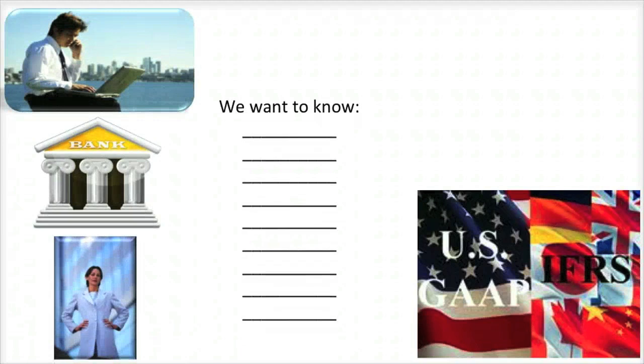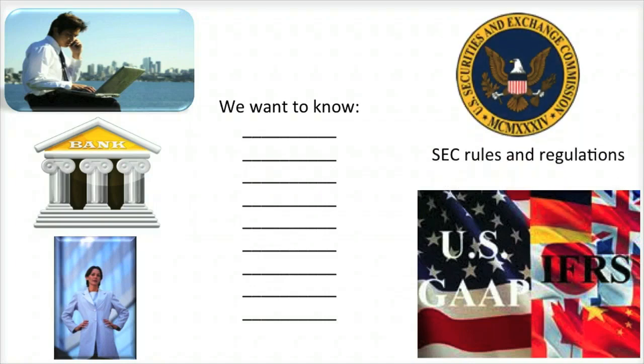US GAAP and IFRS and the reports that they require have been significantly influenced by the informational needs and demands expressed by creditors and investors. In addition to standard US GAAP, the Securities and Exchange Commission, SEC, has added an additional layer of accounting rules and regulations that public companies must follow when issuing their financial statements.